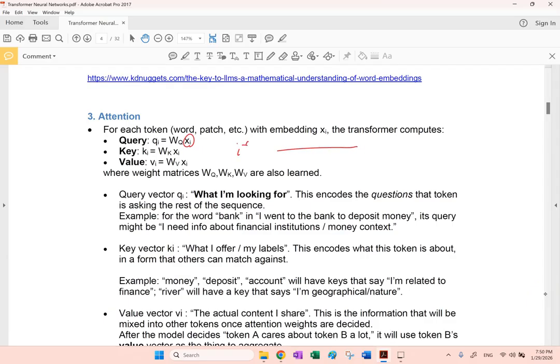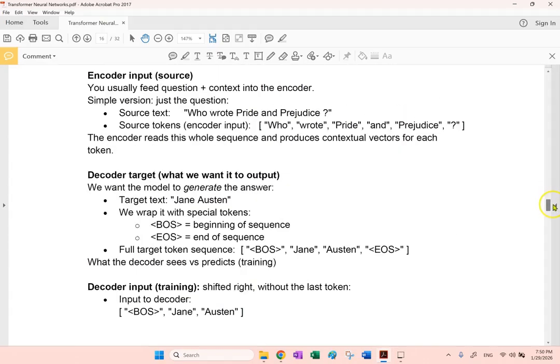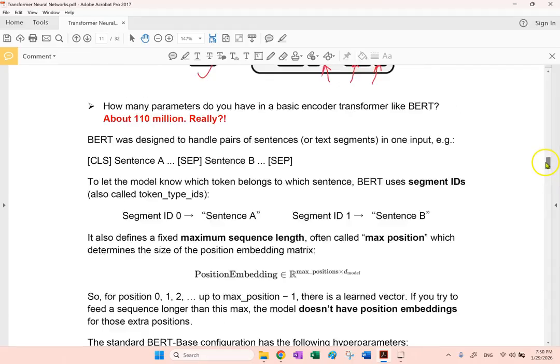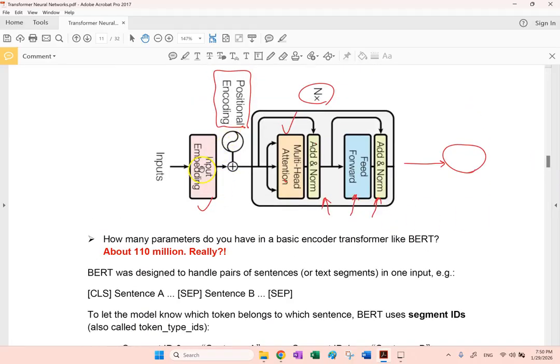It is the ith row of the embedding matrix plus the position embedding for the ith token. So this X from the embedding matrix plus some data from the position encoding, that is what I will send to a multi-head. And you can see that right here as well, as I explained to you. Here, you combine these, then send it to multi-attention.